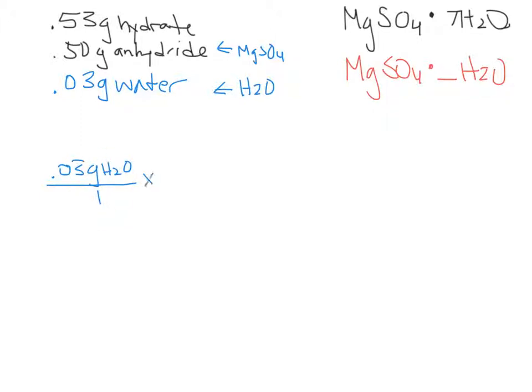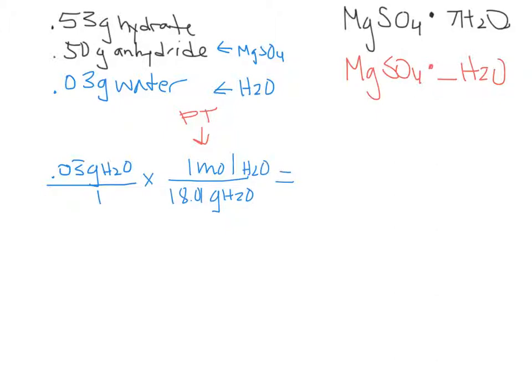If my grams of H2O was on top, then grams of H2O should be on the bottom. We're going to get that value from the periodic table. I'm going to put PT here for periodic table in case you need to pause and look at it and get your bearings again. We're getting these values from the periodic table. I just have this one memorized. 2 hydrogens plus 1 oxygen is 18.01. And that's going to give us how many moles of H2O we have.